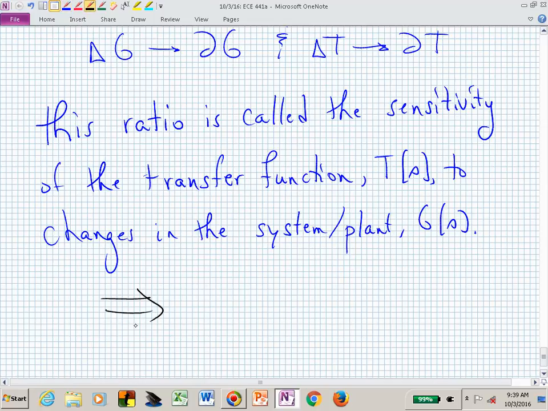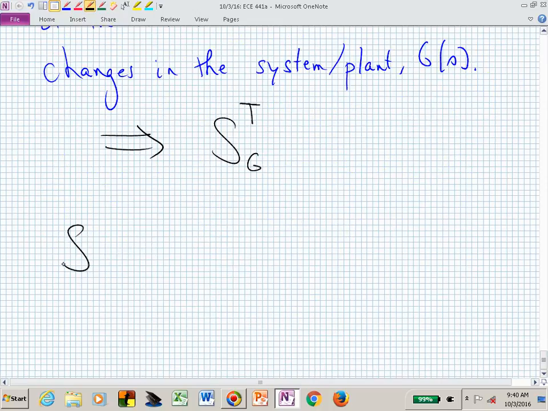And we have to introduce a notation for that. So the sensitivity of the transfer function relative to the plant is capital S superscript T subscript G. The sensitivity of the transfer function relative to the plant G. And we'll define that to be what we said it was.